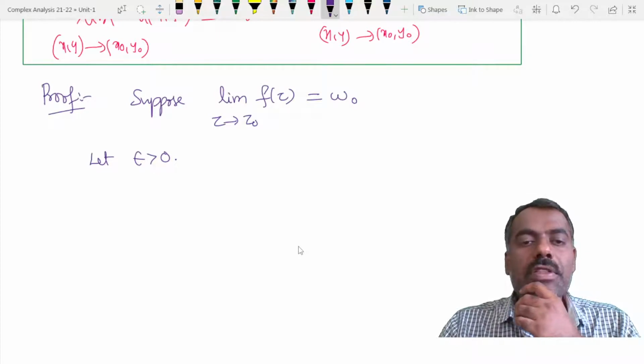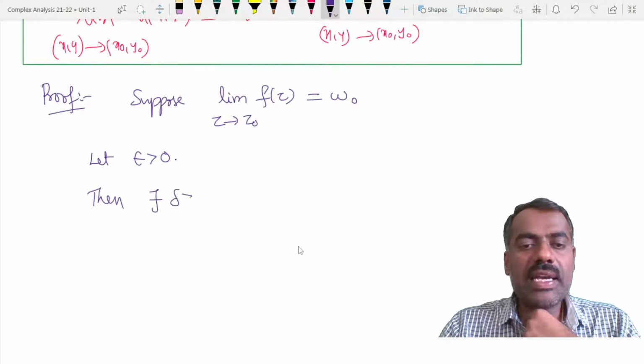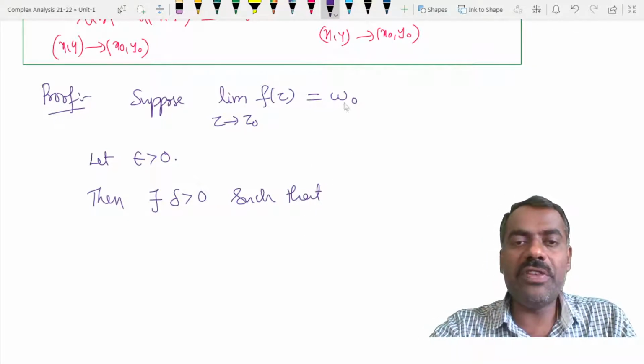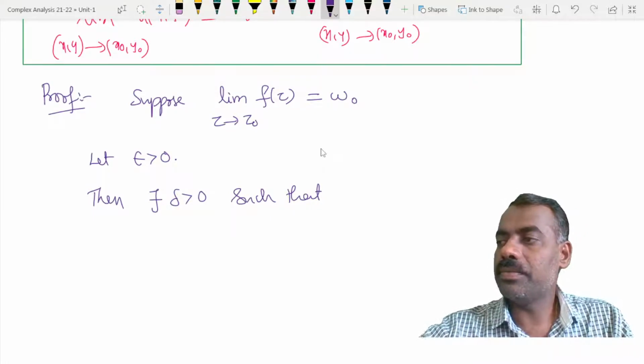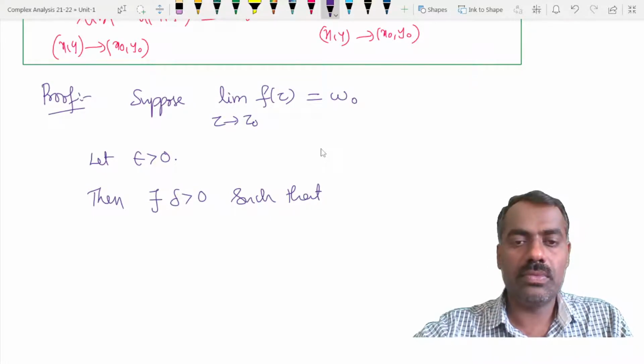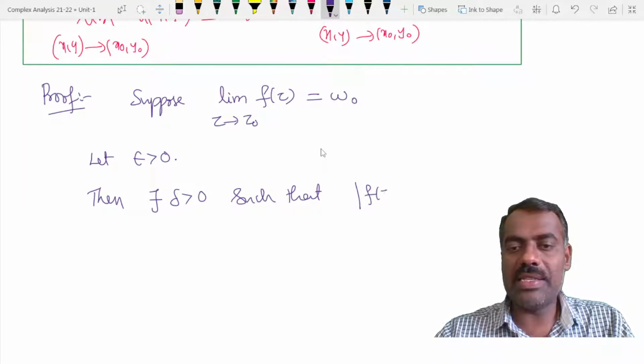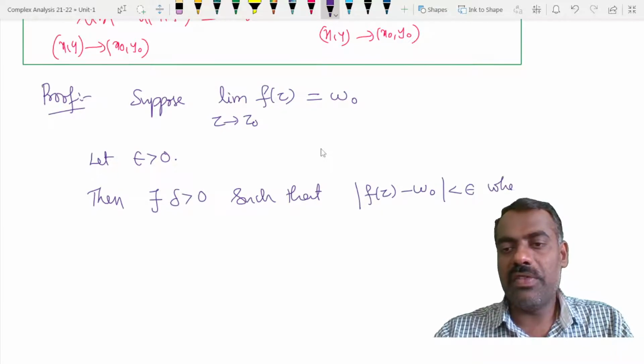So by definition, there exists a delta greater than 0 such that mod of f of z minus w naught is less than epsilon whenever mod z minus z naught is less than delta.